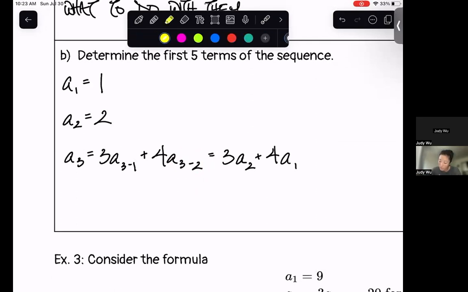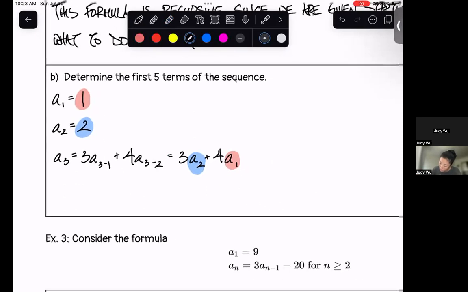What does that mean for us? Well, it means we get to take our A sub 1, which is 1, and plug it in there. And it means we get to take our A sub 2, which happens to be 2, and plug in that number. So what does that give us? Well, that gives us 3 times 2 plus 4 times 1. We can do a little arithmetic here. 6 plus 4 gives us 10.